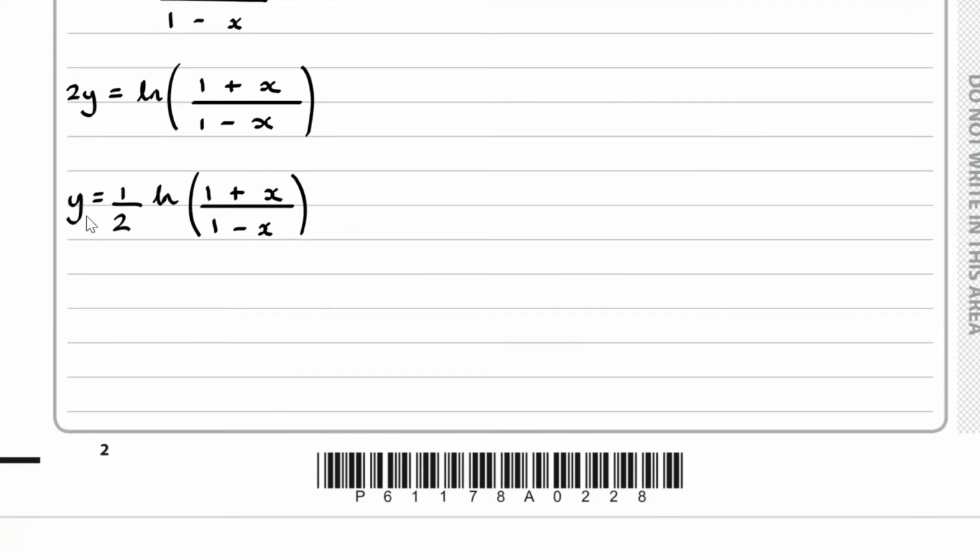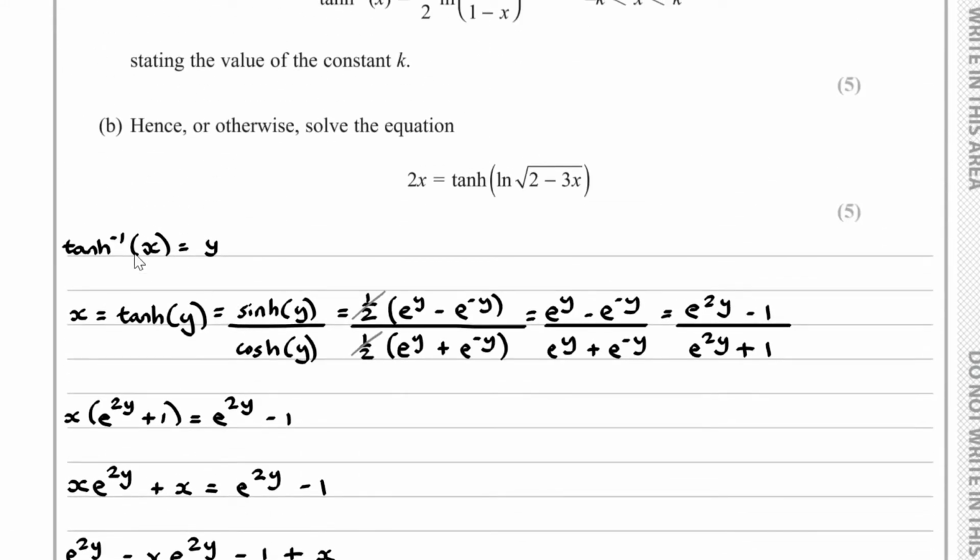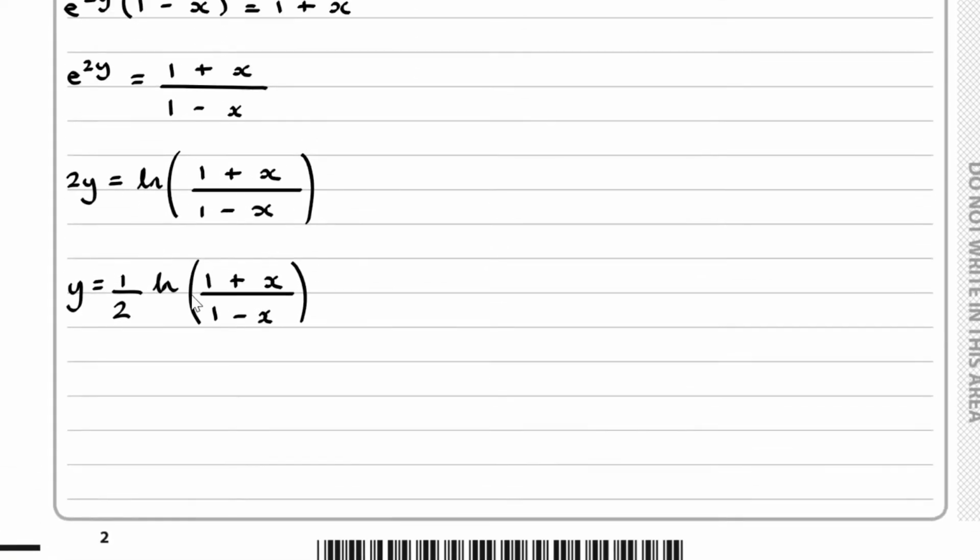And we already know that y is equal to the inverse hyperbolic tangent of x. So therefore, the inverse hyperbolic tangent of x is equal to 1/2 times the natural log of 1 plus x over 1 minus x.